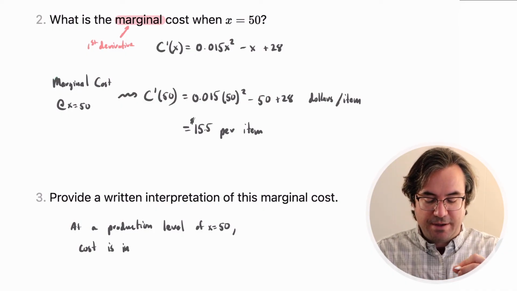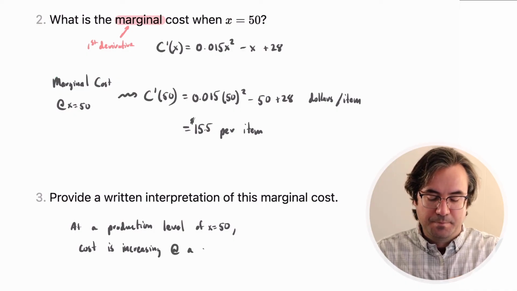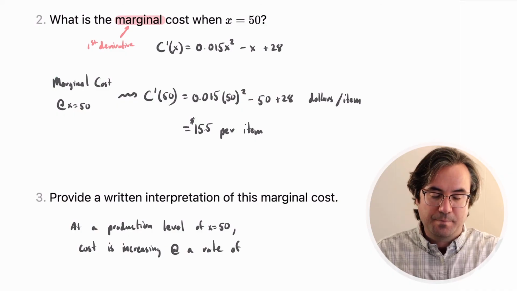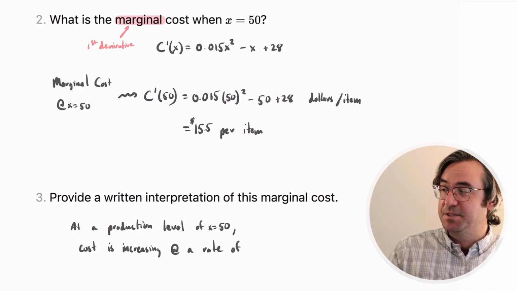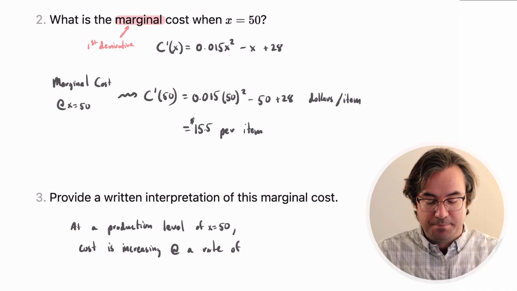So at this production level of x equals 50, the cost is increasing at a rate. And we know what that rate is. It's this $15.5 per item.